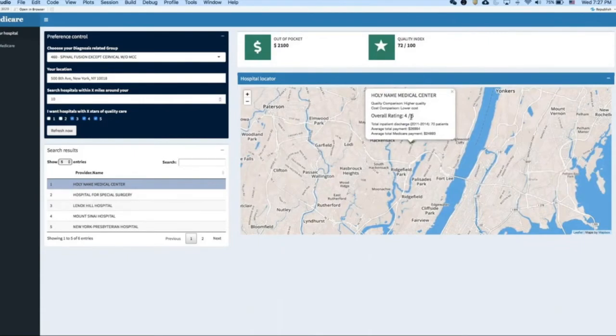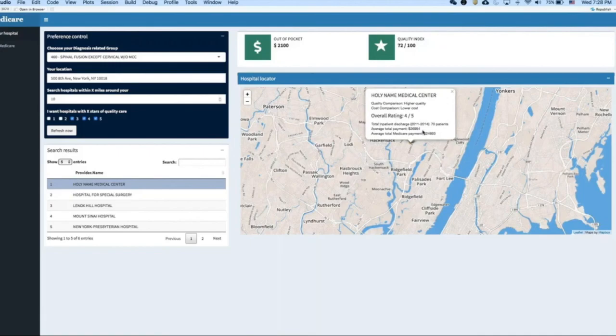When I click on the first hospital listed here, it shows Holy Name Medical Center. The quality comparison shows higher quality, and the cost is relatively lower. The overall rating is 4 out of 5.